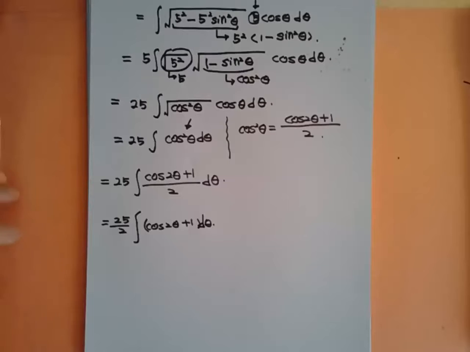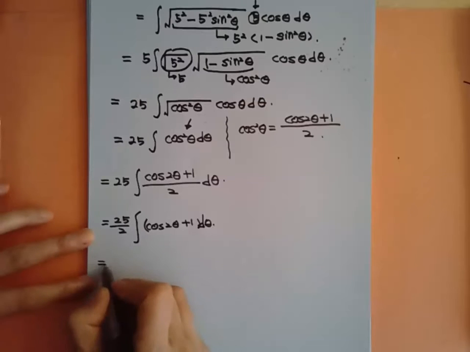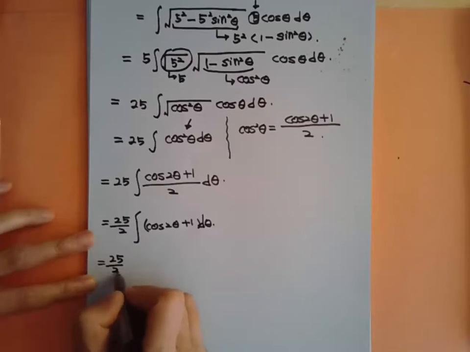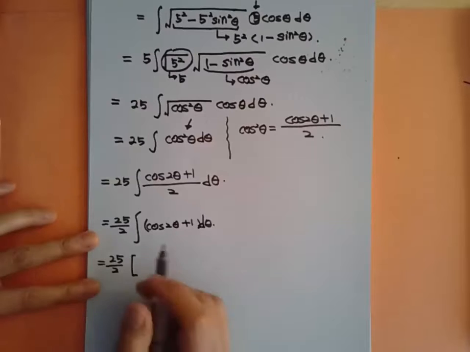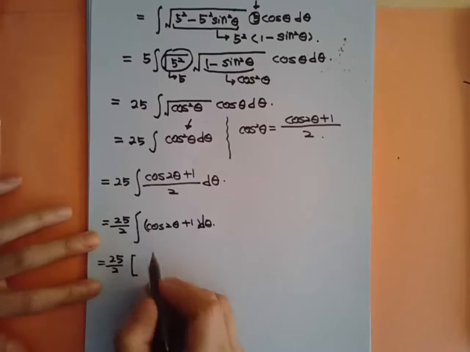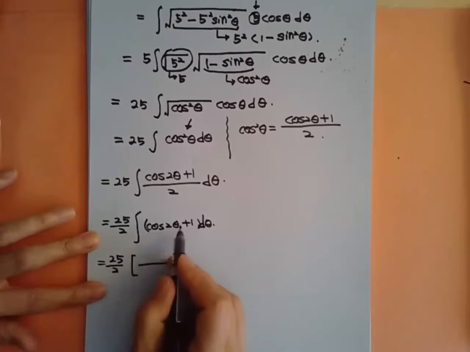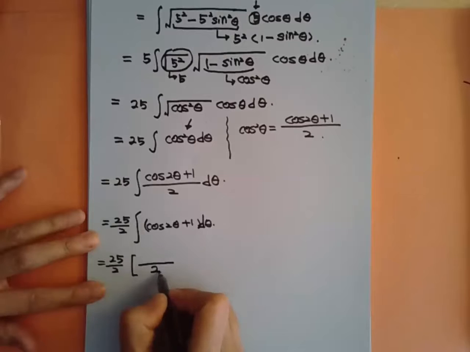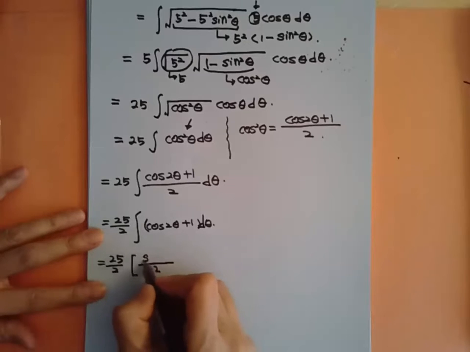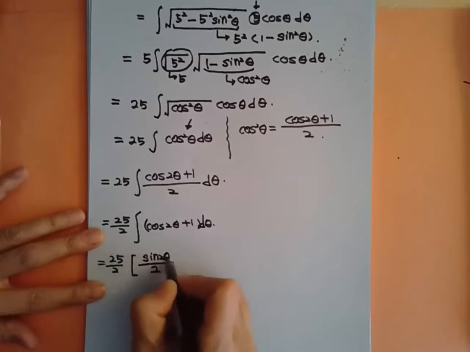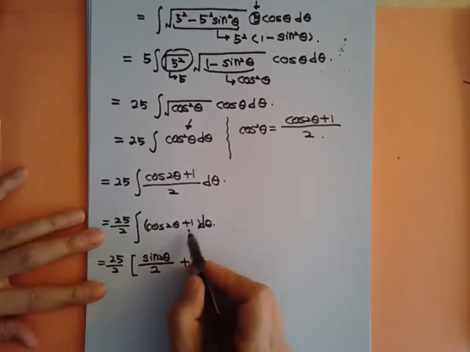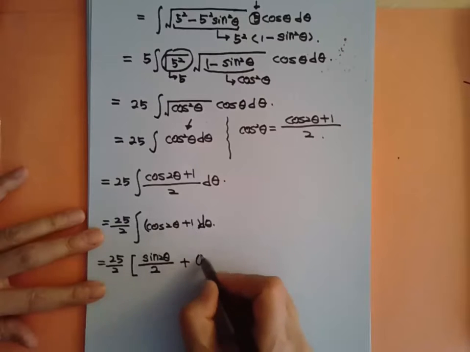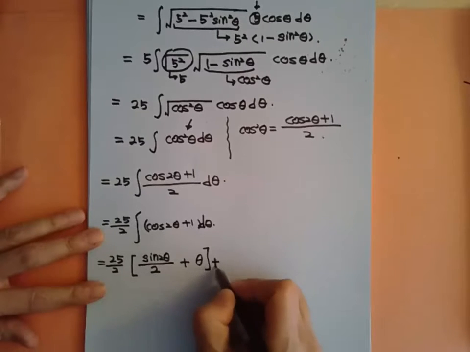And then we have 25 over 2. When we integrate, there is 2 theta, so we have to divide by 2. And that becomes sine of 2 theta plus integration of 1 is theta plus c.